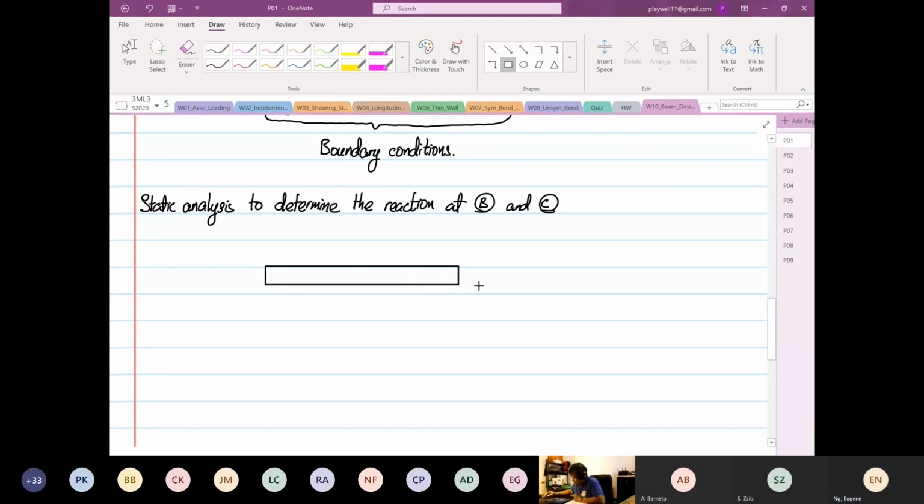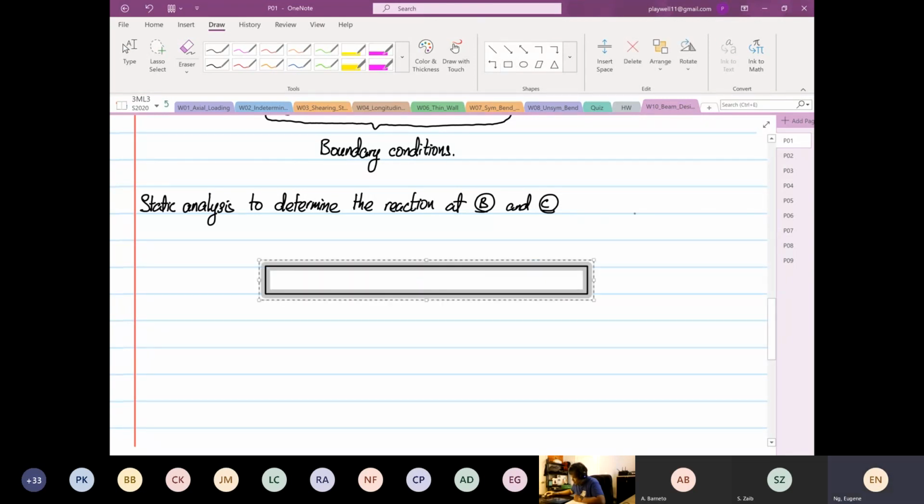Right? So this is our point A, our point B, our point C, and our point D. Okay, so when doing this, you have to make sure that you put in your reaction and what is the force applied. So the first thing we do, so we have P over here, we have another P over here, right? And then we have a reaction.